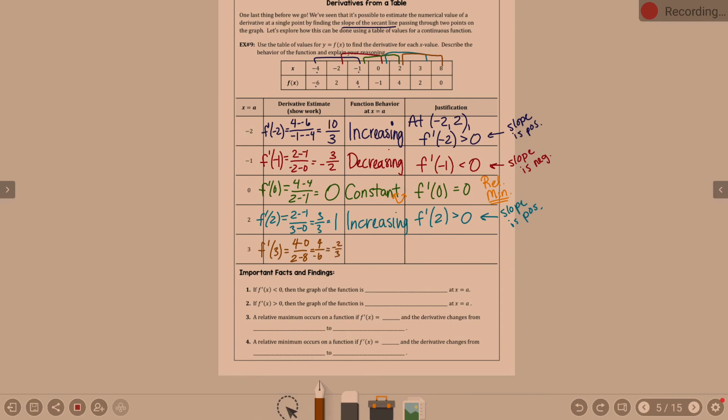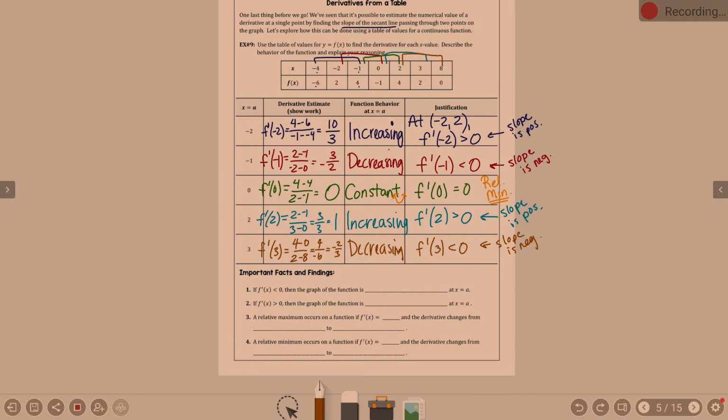I got a slope of negative 2/3, which tells me decreasing because my slope at this point is negative. We have a couple blanks to fill out at the bottom here, right? Okay.